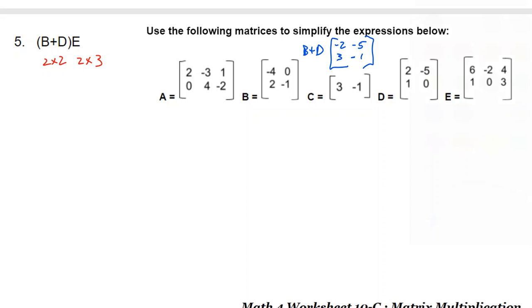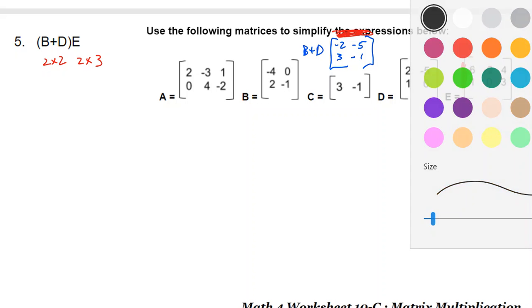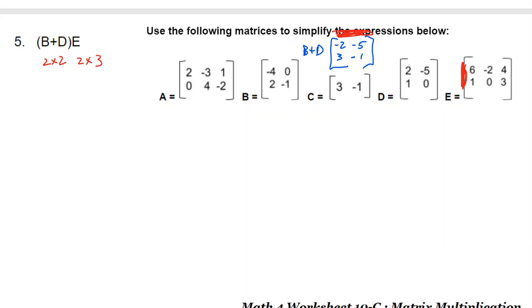And so we're going to take that one, and we're going to do like the first row, and then that times E, the first row there. And we said that we're going to have a 2 by 3, 2 rows and 3 columns, which means that it's going to look something like this.